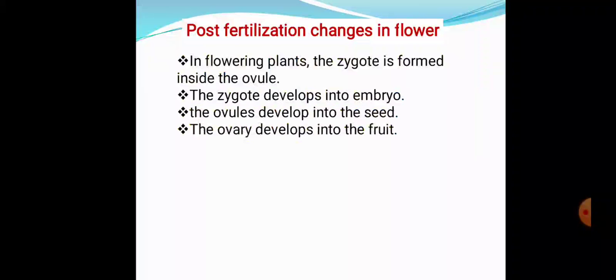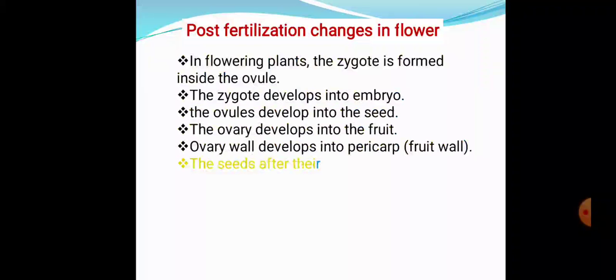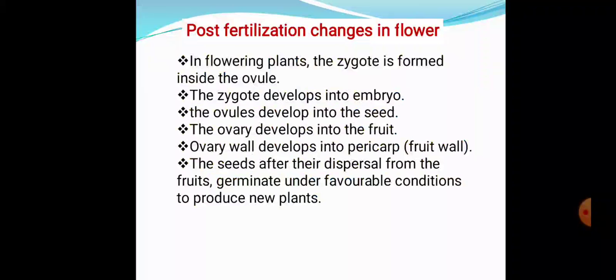The ovary develops into the fruit. The ovary wall develops into the pericarp, which we call the fruit wall. The seeds, after their dispersal from the fruits, germinate under favorable conditions to produce new plants.